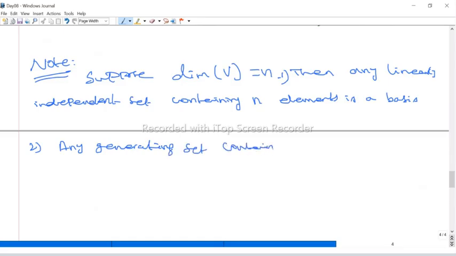Any generating set containing n elements is a basis, because the dimension of V is given as n. Okay. So we have discussed the important theorems.